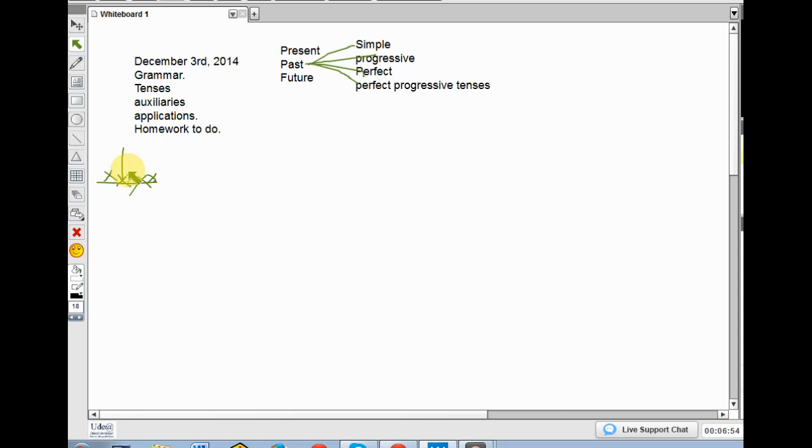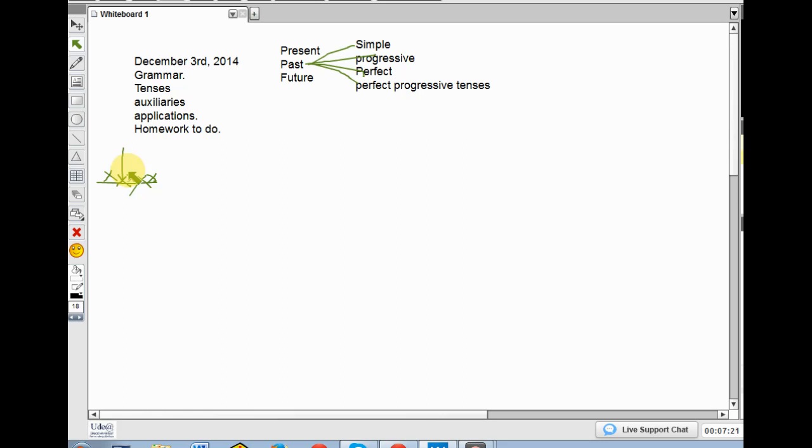It is taking place right now, and it will continue to happen for a couple of minutes. Okay. For example, right now I am speaking. What does it mean? It means that I started maybe 10 minutes ago. I'm still speaking, and I will continue speaking for maybe another 40-50 minutes. Okay, that is the present progressive.